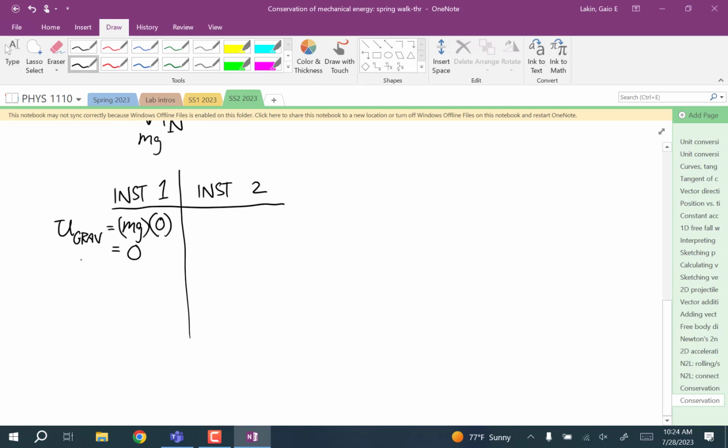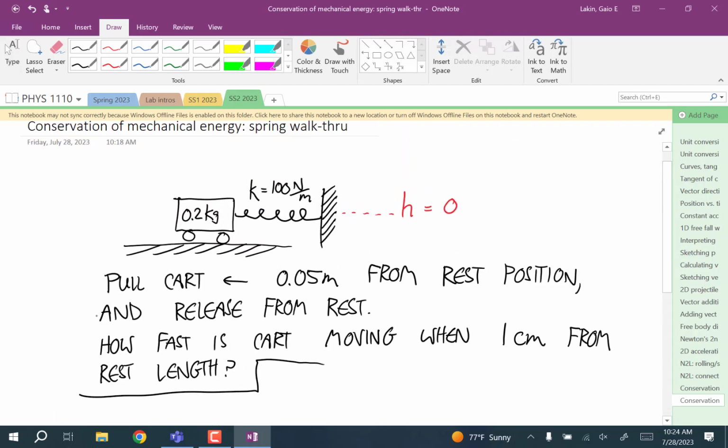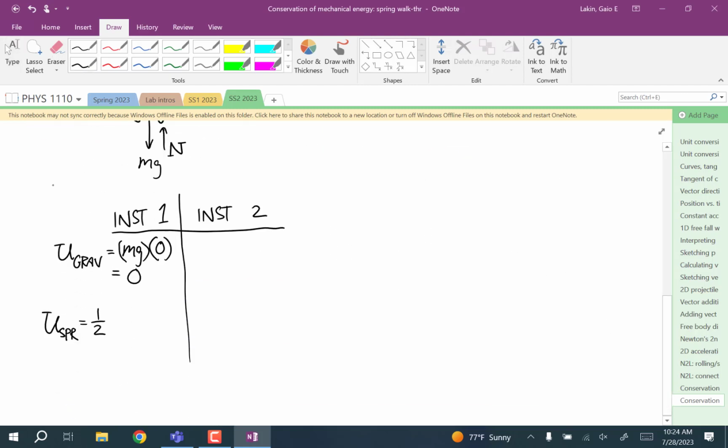You see it there. Now we'll go to the spring potential energy. That's equal to 1/2 times the spring constant of 100 times the deviation from the resting length squared, so that's 0.05 squared. And if you calculate that, you get 0.125.